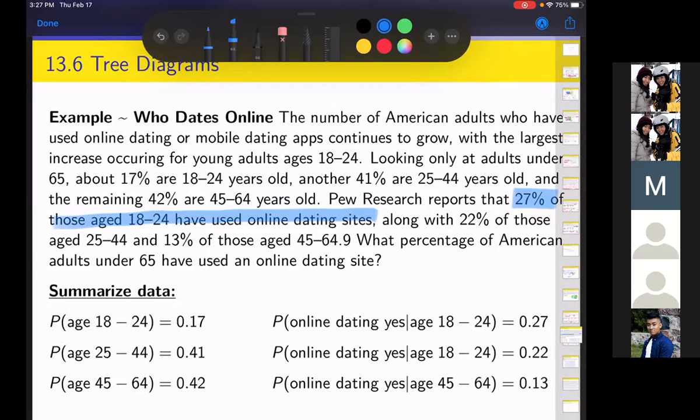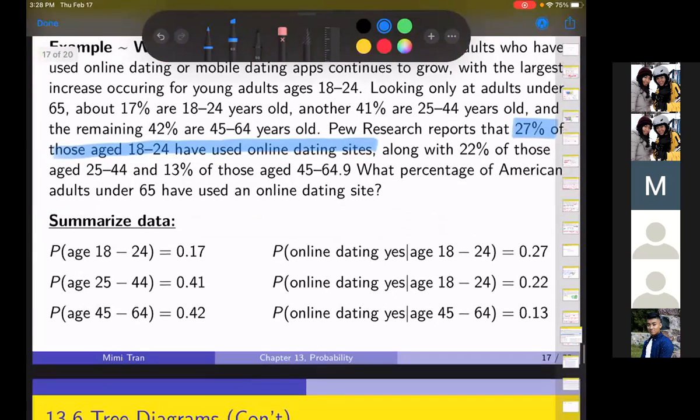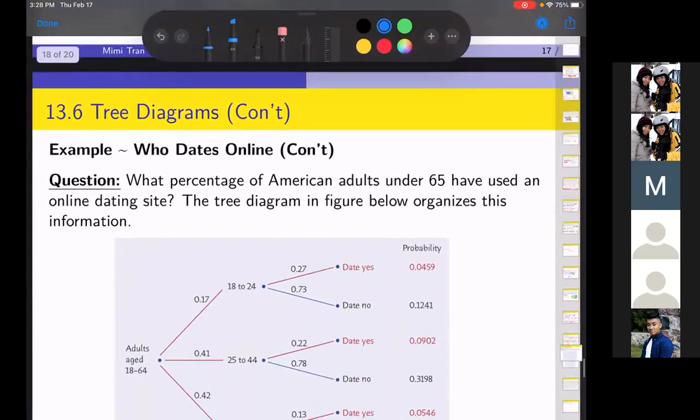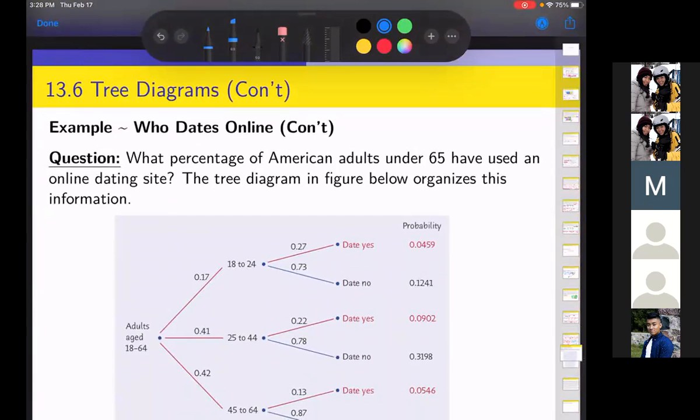Wow. So they're asking for everything. They're asking for all the age groups. I don't want to do it by hand. It requires multiple stages. So what I'm going to do is set up a tree diagram. Now we have a tree diagram.